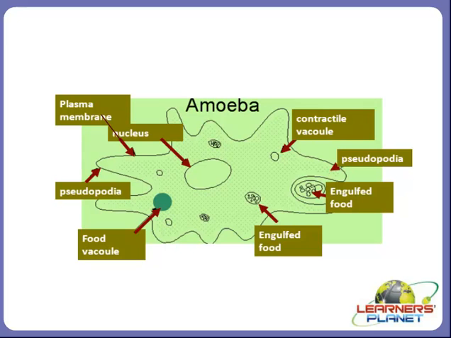If we take the help of a diagram, if these are the pseudopodia, and this is the food material in the surrounding, then it will get enlarged and it will just surround the food particle. So the diagram is going to be like this. It enlarges and it will capture the food.